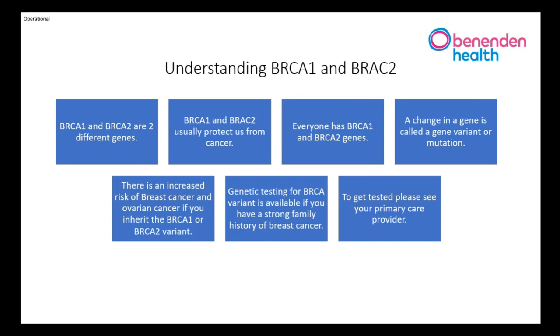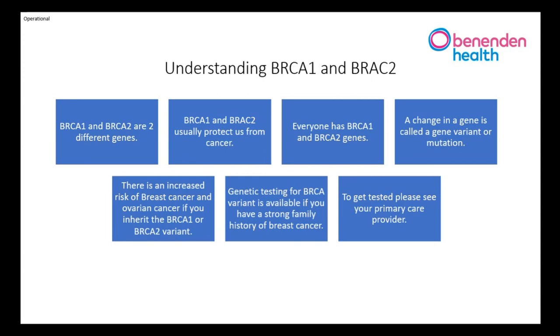You can be offered a blood test to check if you have the BRCA1 or BRCA2 gene variants if you have breast cancer at an unusually young age, or if you have certain types of breast cancer. So going back to triple negative breast cancer, that's usually when it's been diagnosed at an early age, and only something like 15% of breast cancer cases are that triple negative breast cancer.